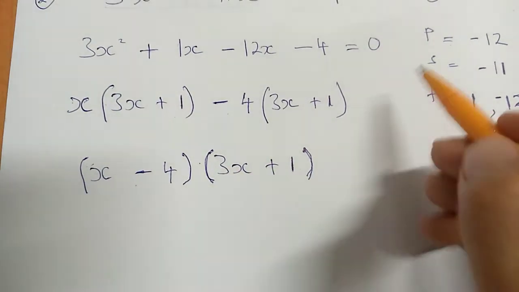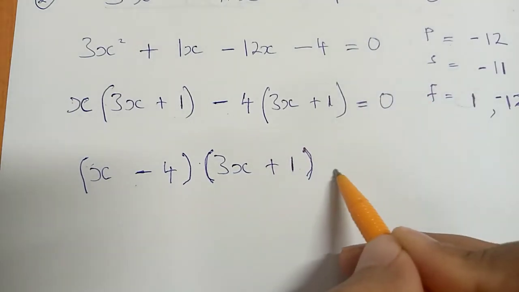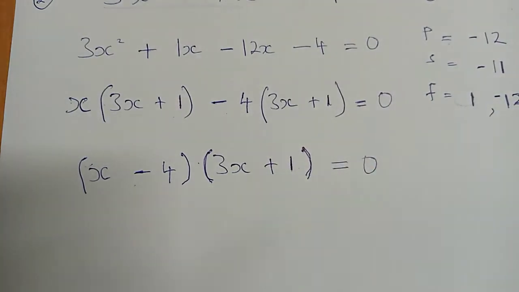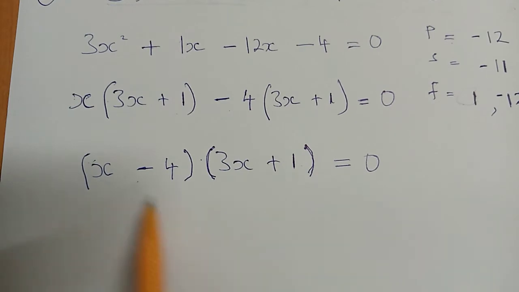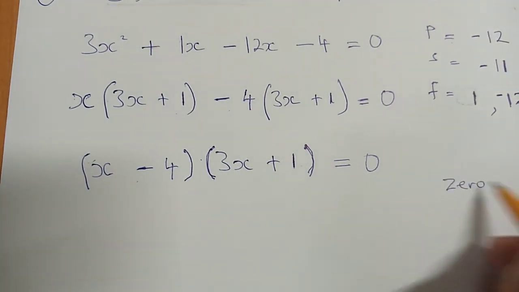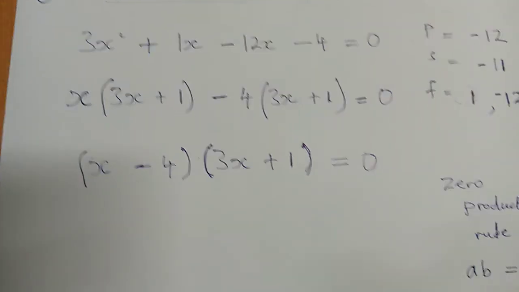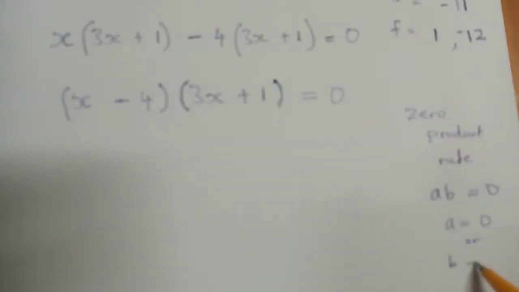Remember that this quadratic equation ended with is equals to 0. Here also is equals to 0. Once we reach here, we can use what is called the zero product rule, which tells us that if a times b is equals to 0, then either a is 0 or b is 0.